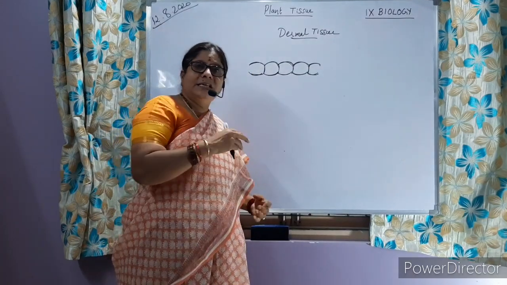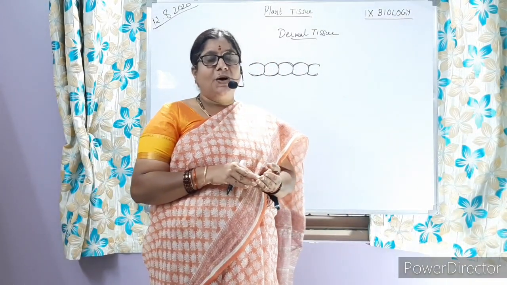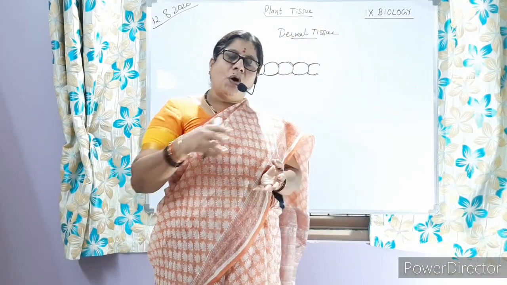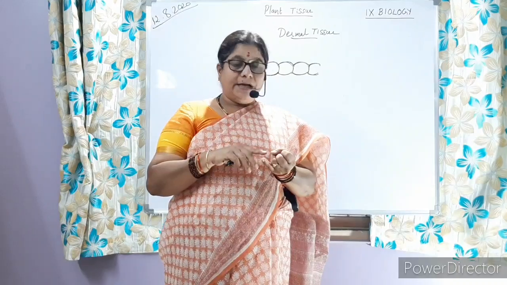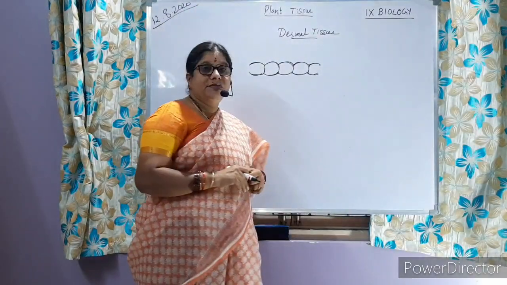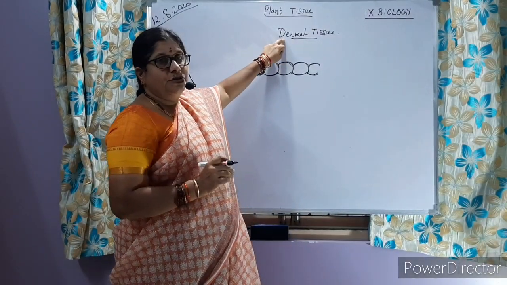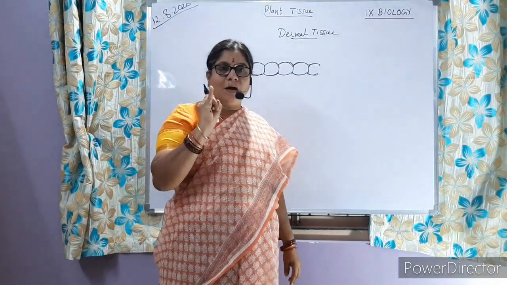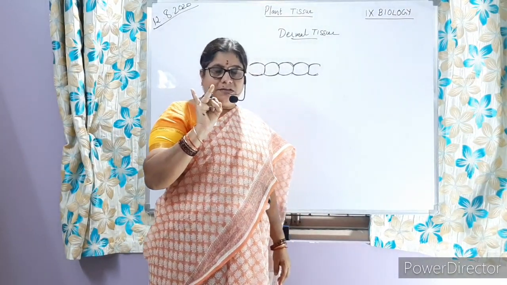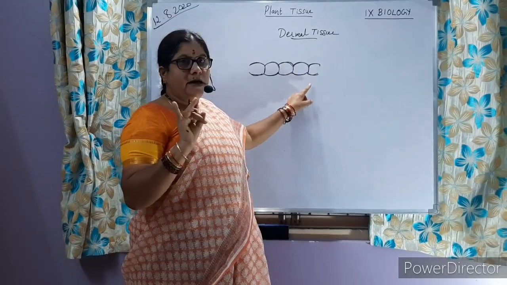As you know, this dermal tissue is said to be covering tissue, and it is present in almost all parts of the plants. You can take root or stem or the leaves. In different parts we can observe the covering tissue, that is dermal tissue. The cells are smaller, the cell wall is very thick, and they are single layered.